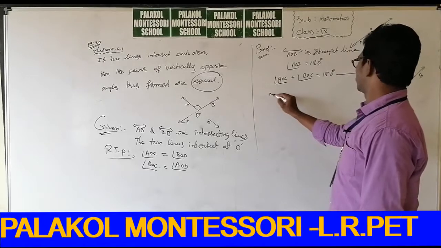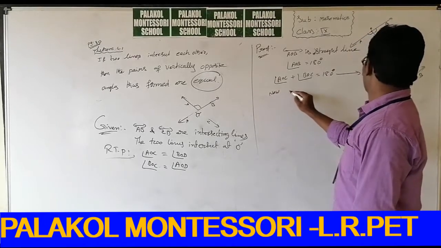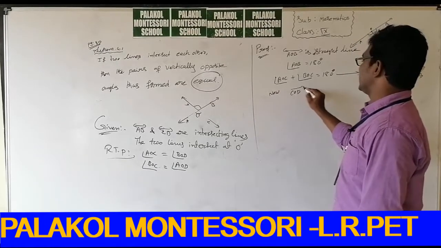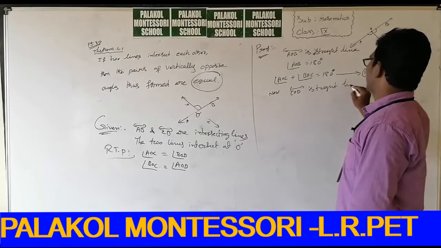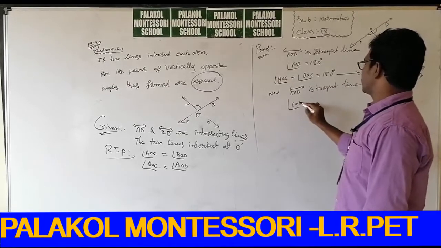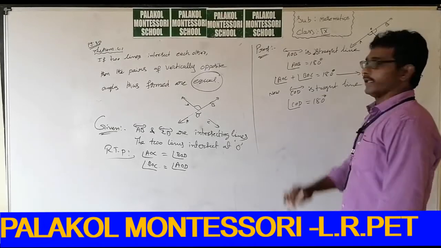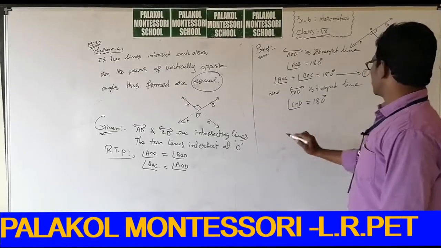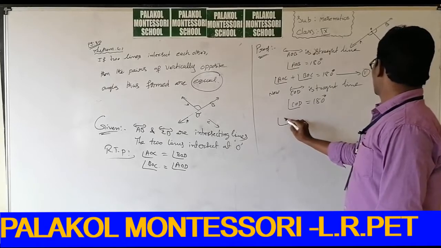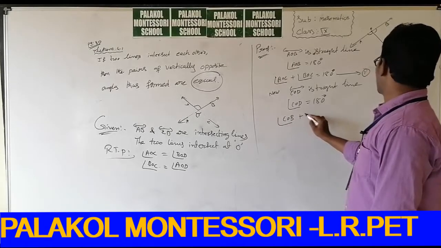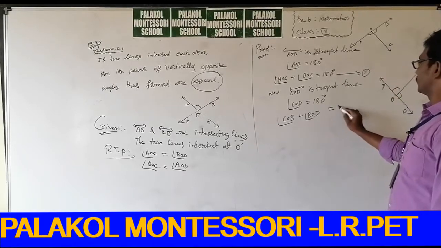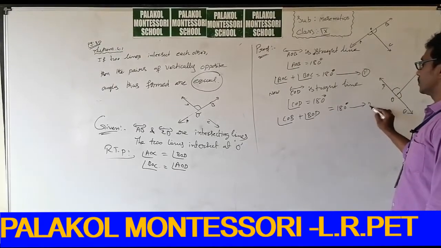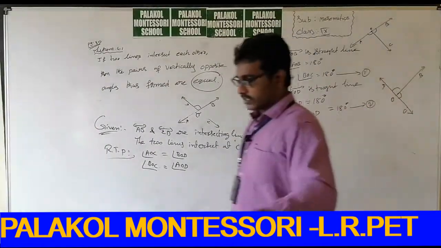Now angle COD is a straight line, and a straight line makes an angle of 180 degrees. It divides into two parts: angle COB plus angle BOD equals 180 degrees. Equation 2.